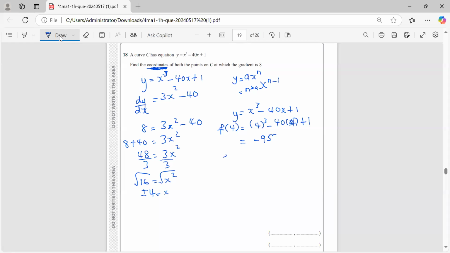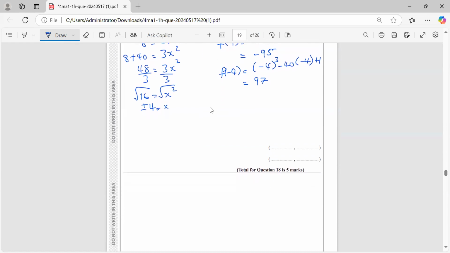And then f of minus 4 simply means you're going to substitute negative 4 into the original equation, which is x cubed minus 40x plus 1, so it's negative 4 cubed minus 40 times negative 4, and then plus 1. If you substitute minus 4, you're going to get a positive 97. So you now have those values.